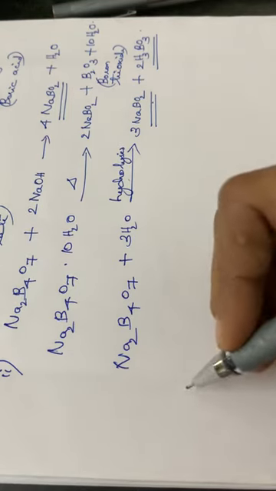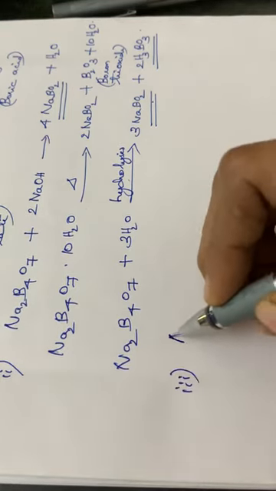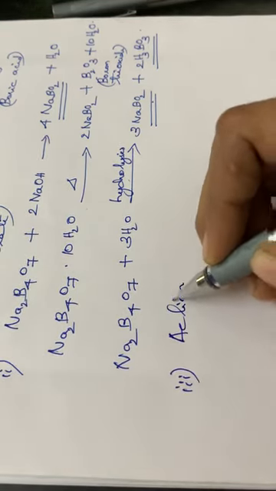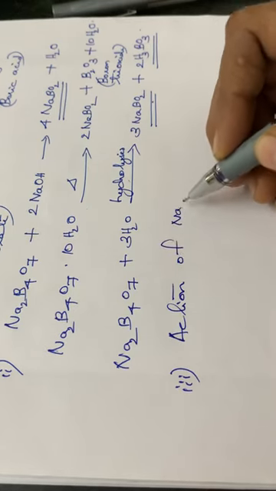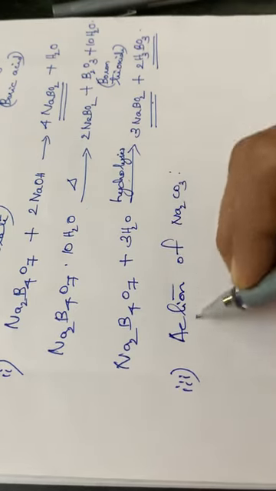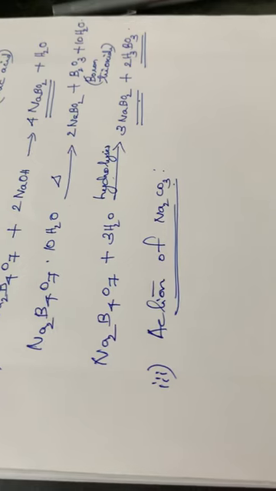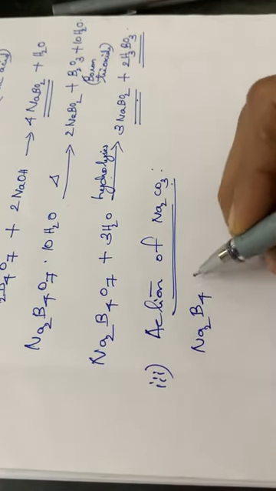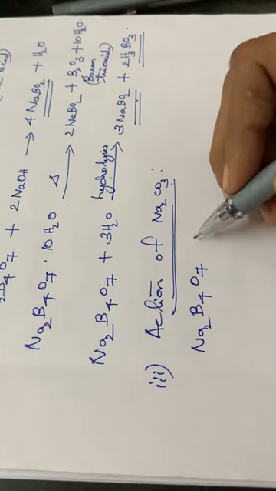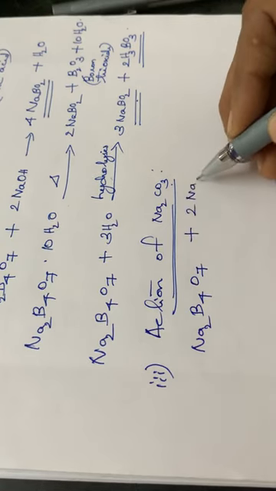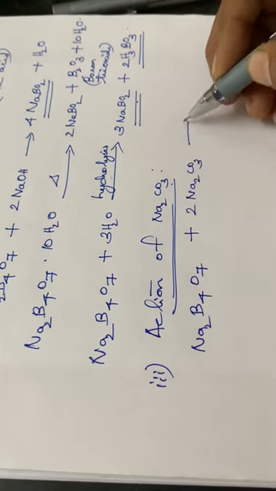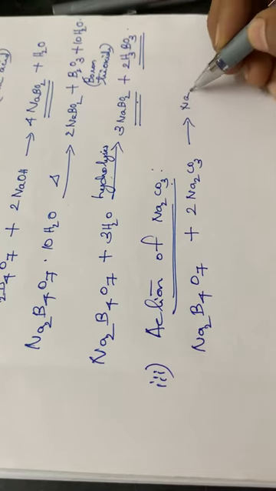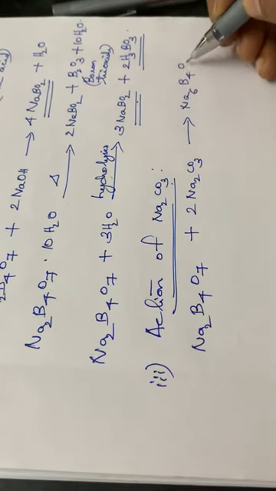Then the third one, that is the action of sodium carbonate. See here, borax, Na2B4O7, on treating with sodium carbonate Na2CO3 gives Na6B4O9.